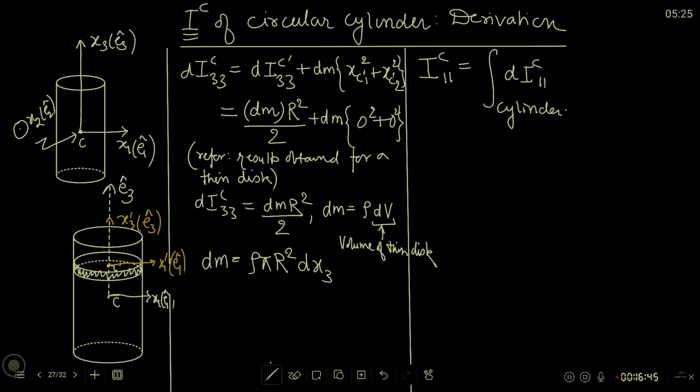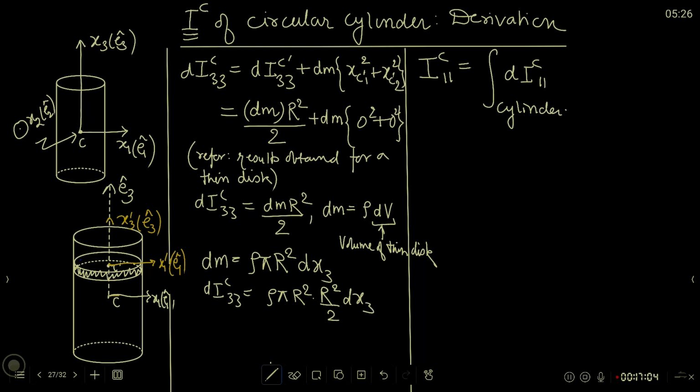Thus, dIC33 is rho pi R square and then another R square by 2 dx3.